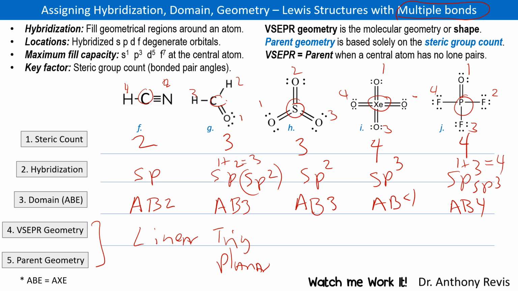These are exactly the same. And so here, this is going to be, again, trigonal planar. And here, this is going to be tetrahedral. And guess what? This is also tetrahedral.